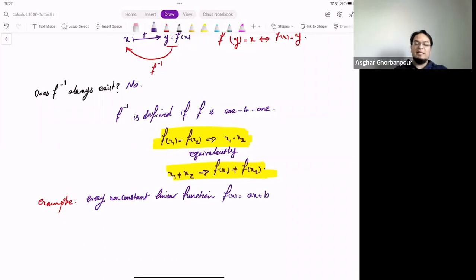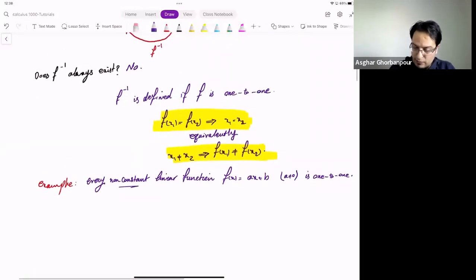By linear we mean ax plus b, where a is not equal to 0, that's non-constant. Every non-constant linear function is 1-to-1. I just want to show you how the properties work here, how this definition basically works.